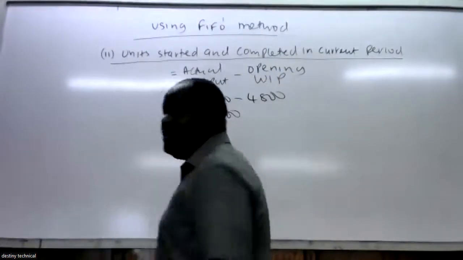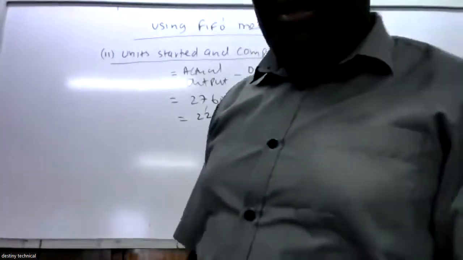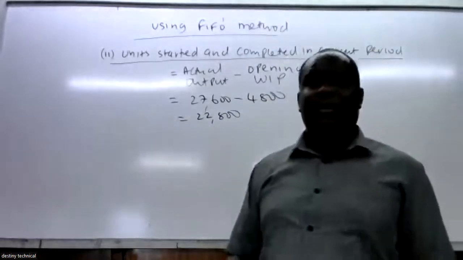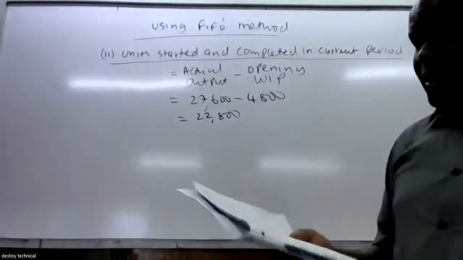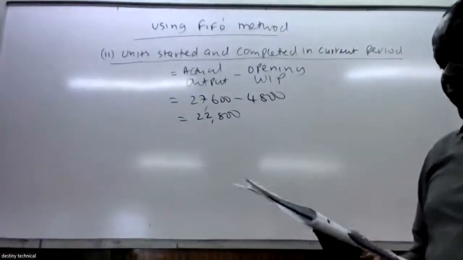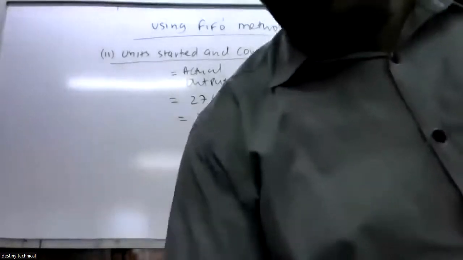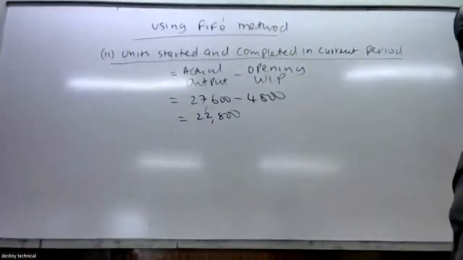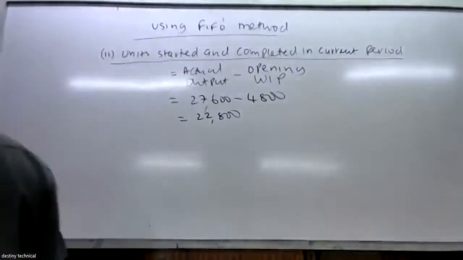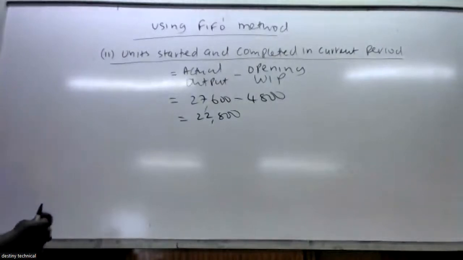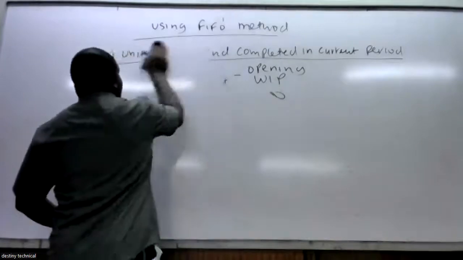Our step number 3 is the same as part A of the question, where we prepare the statement of equivalent production.